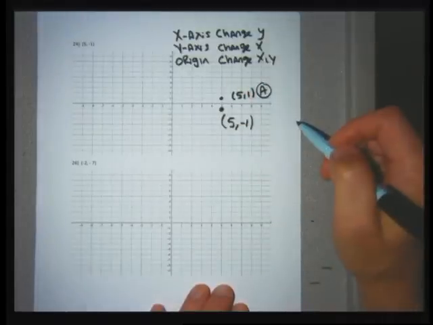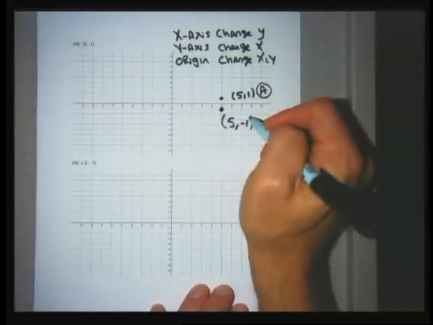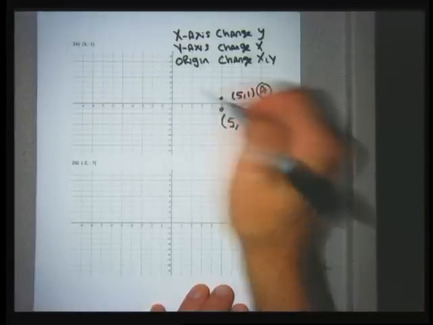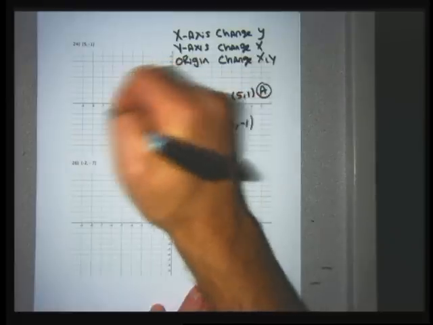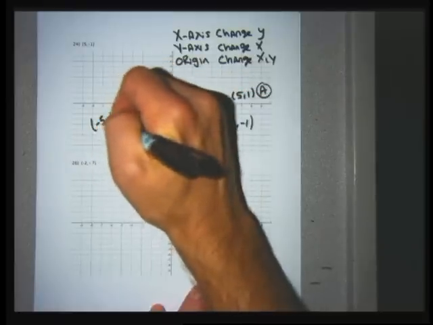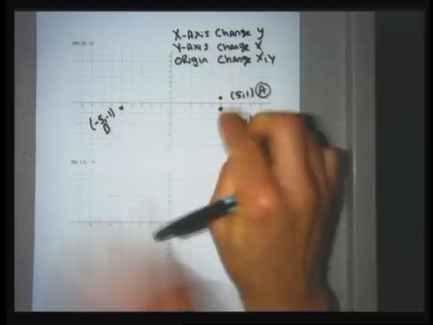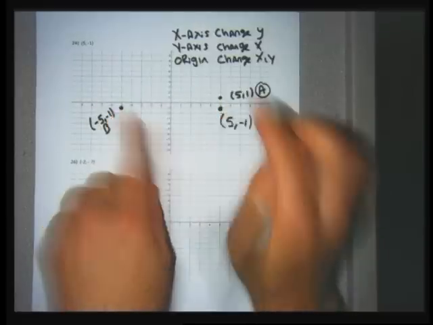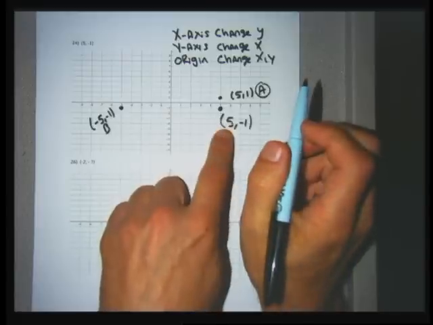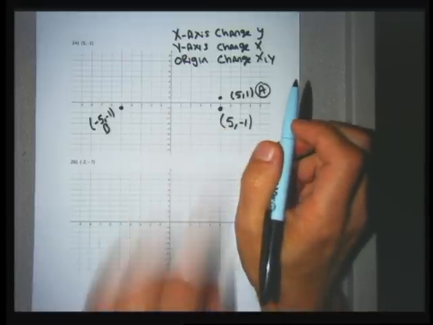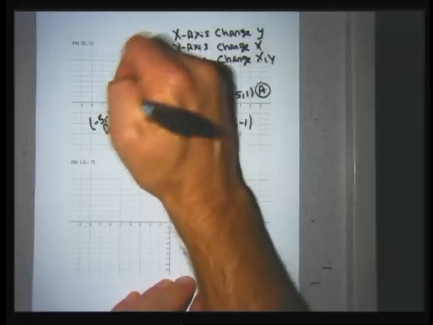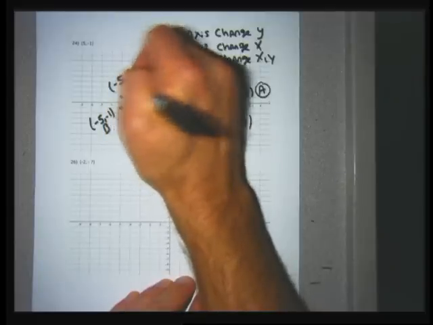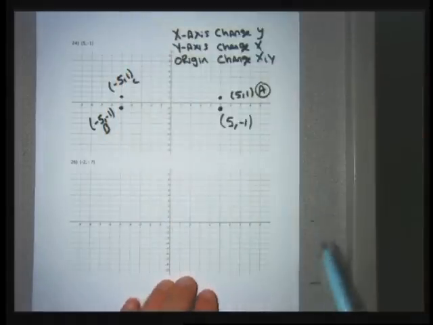If I change the sign of the x to -5 and get the point -5, -1, these 2 points are symmetric about the y-axis. And if I change both signs, change the 5 to -5 and the -1 to +1, this point, -5, +1, relative to the original point, is symmetric about the origin.